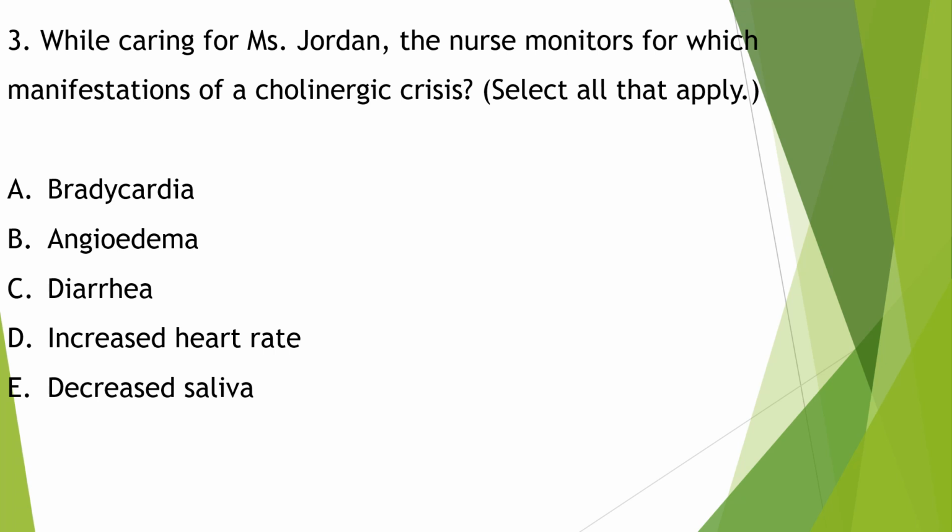The clinical manifestations of cholinergic crisis include bradycardia, then fasciculations, that is muscle twitching, sweating, pallor, excessive secretions and small pupils. Bradycardia you can see. Warm skin, it is not there. Abdominal cramps, diarrhea you can see, and increase in secretions, not decrease in secretions.